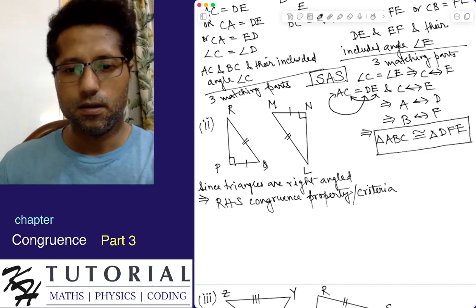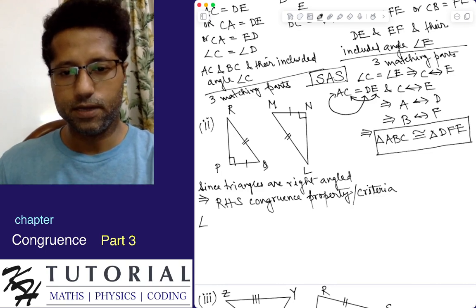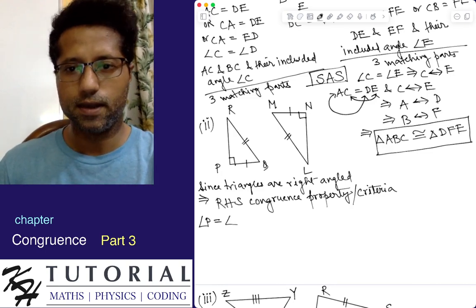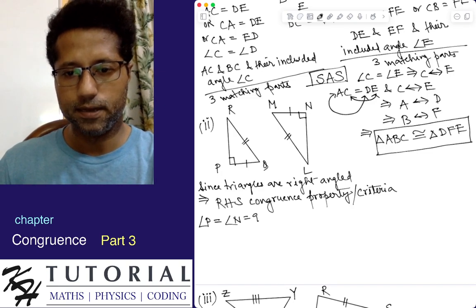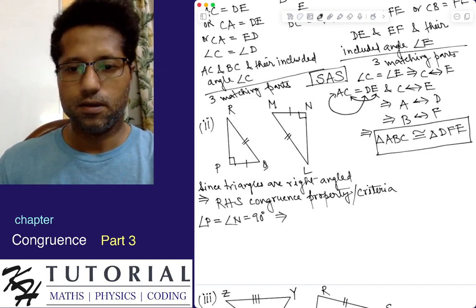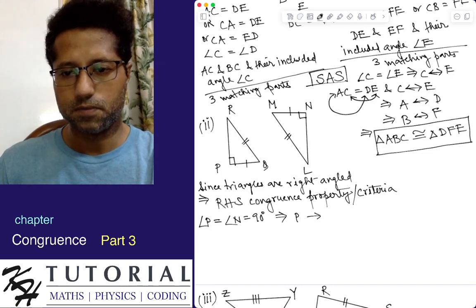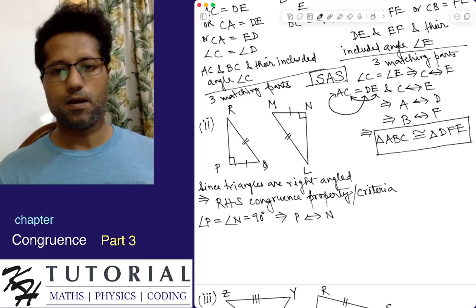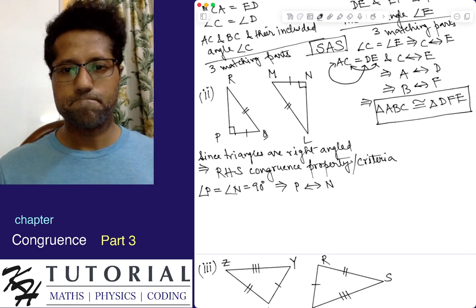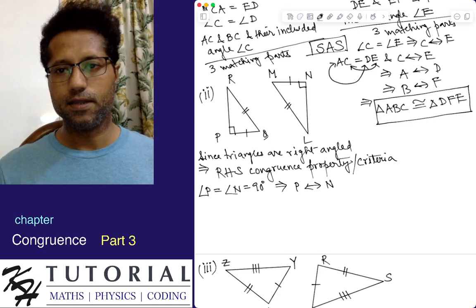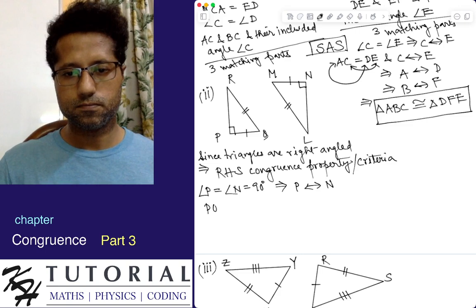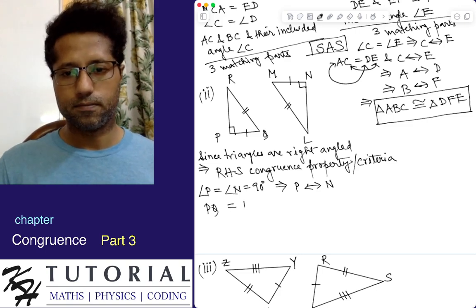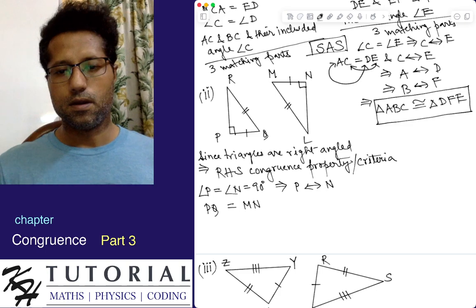How do we do that? Now from the figure we can clearly see that angle P is equal to angle N is equal to 90 degrees. So this will imply vertex P has a correspondence with vertex N. Now we can also see that, regarding the two arms being equal, we have PQ equals MN.